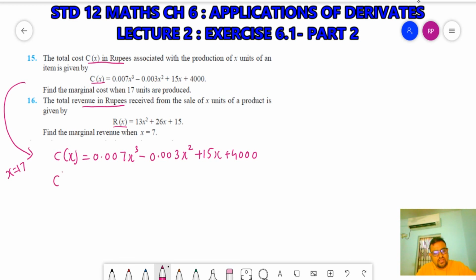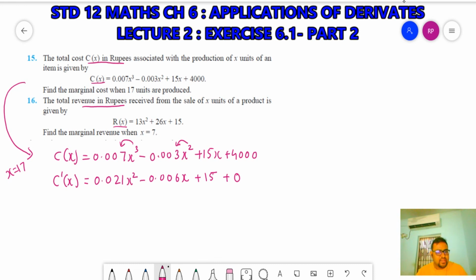So first I need to differentiate, that is c dash x. So 0.007 into 3 x square, this will be 0.021 x square. Then 0.003 into 2x, the derivative of x square is 2x. So minus 0.006x plus the derivative of 15x, which is 15.